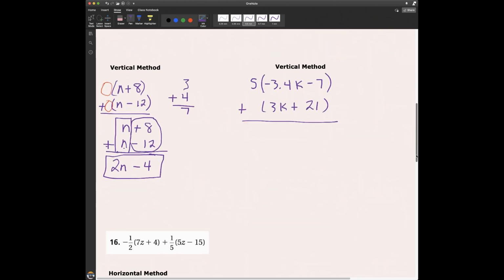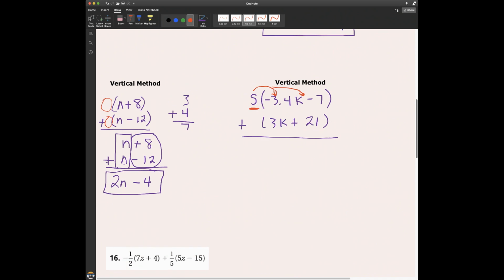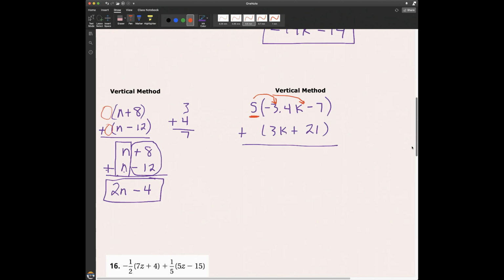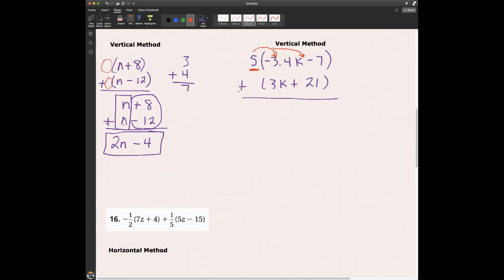Can I do that? Well, I can see here that there is a number that's outside the parentheses, which tells me, hey, use the distributive property. And once I do that, then I can drop the parentheses just like I did when I went from this step to this step. So I can do that here as well.